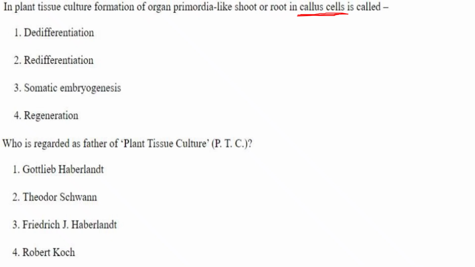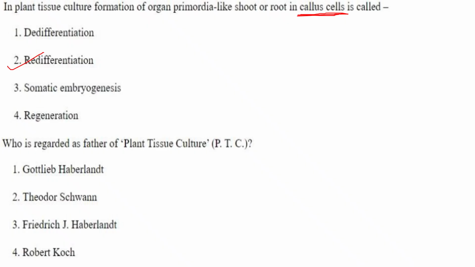Now this callus can give rise to shoot and root. That is, the organs can be formed from this callus tissue. And this is called redifferentiation.